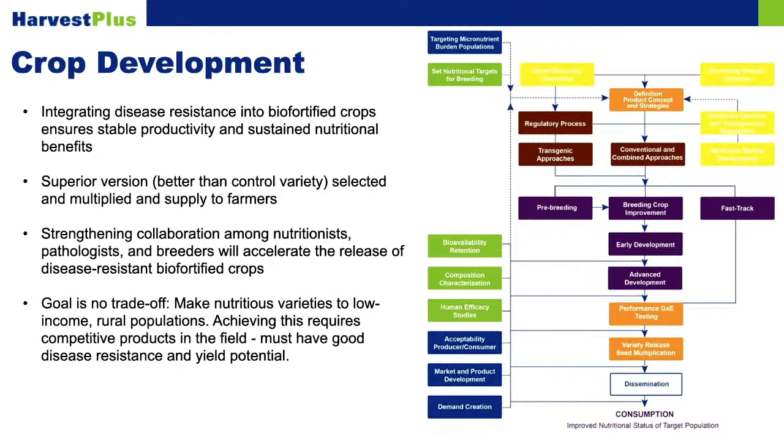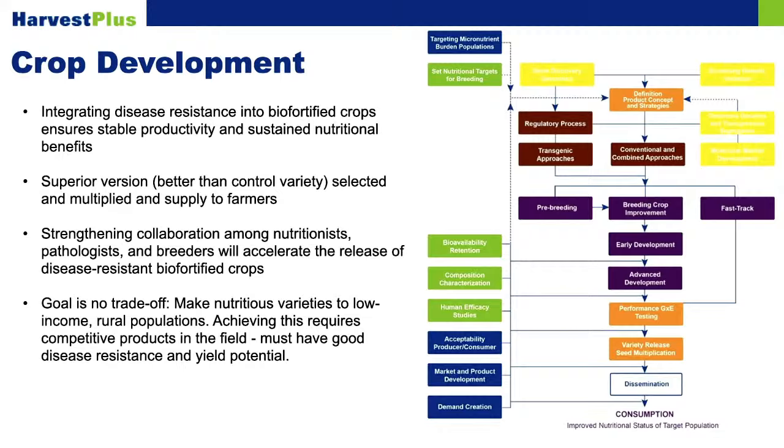So I come to the central topic of the seminar. Crop development takes care of the entire chain of processes. It starts with discovery, which we discussed a lot in the morning and the afternoon, and the upstream research has to be evaluated in the product portfolio and integrated into the product pipeline. This is not exceptional compared with regular or traditional plant breeding.